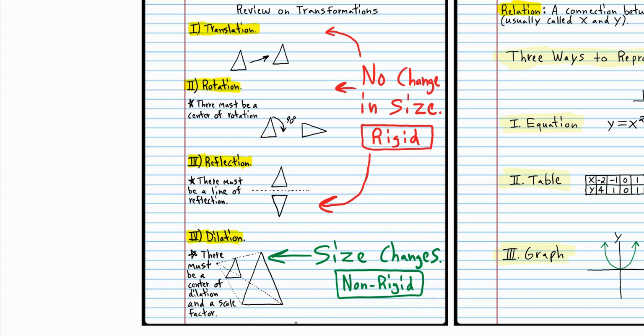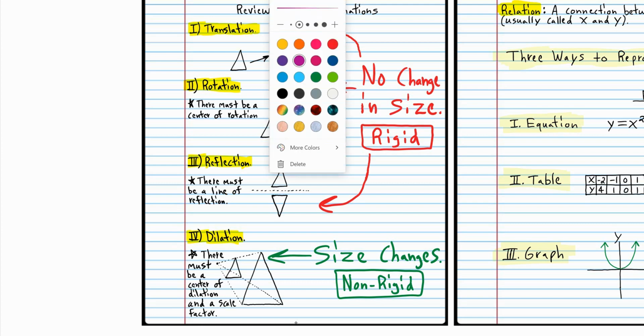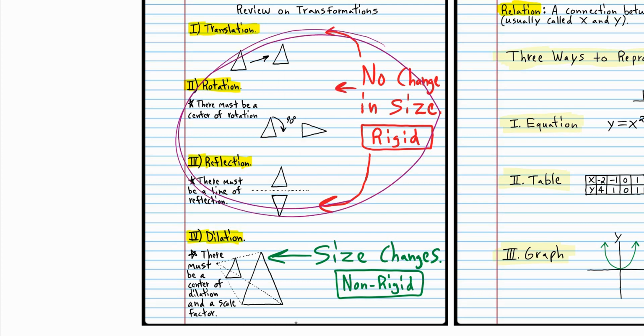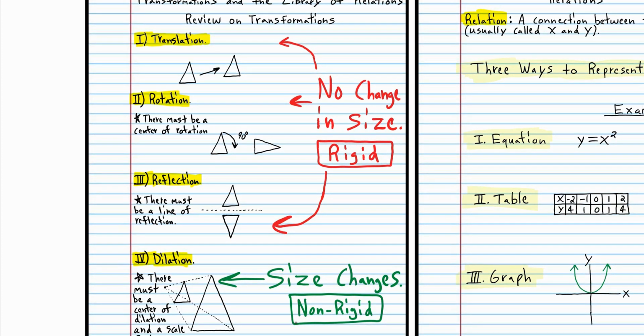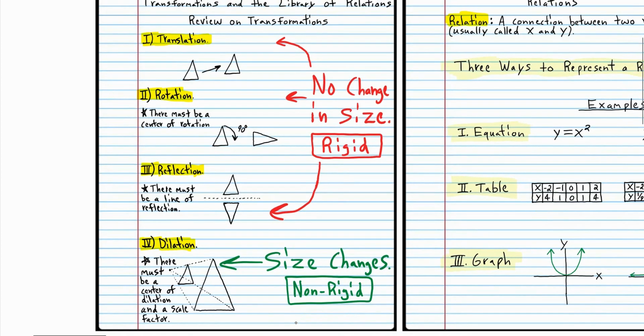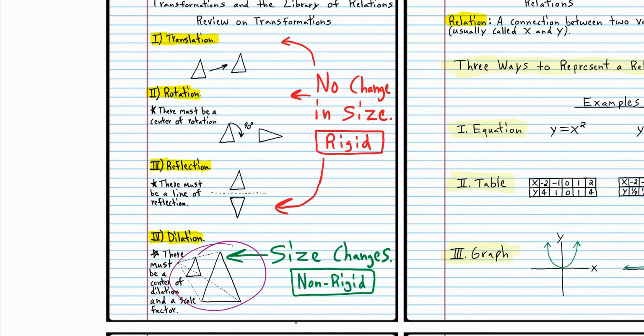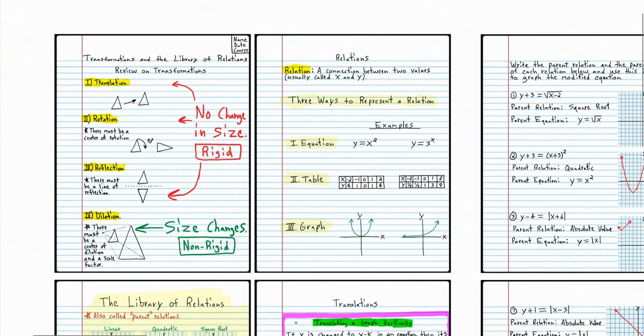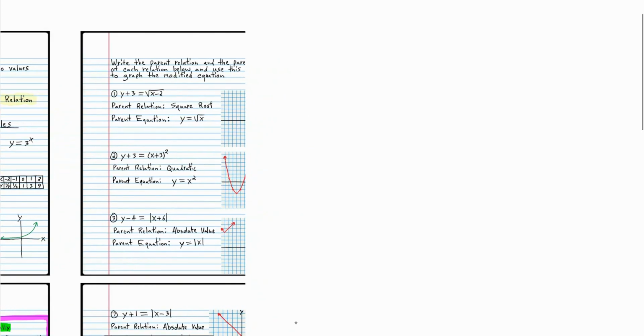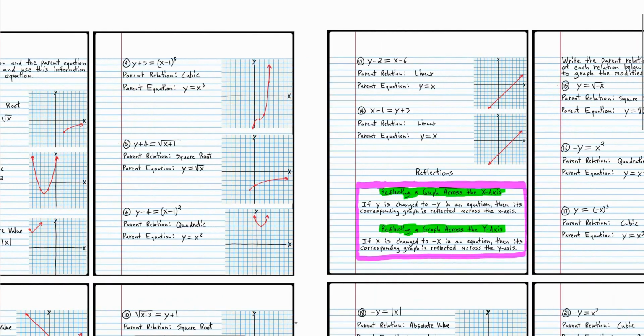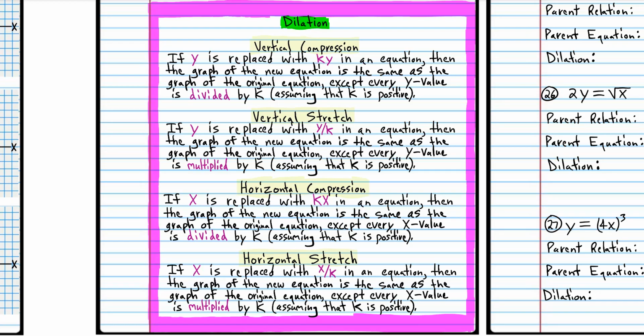The basic form is going to be the same, but you're going to stretch it or compress it, so it's not going to be the exact same shape. With these transformations, the shape doesn't change at all. But with a dilation, the shape might get compressed again or stretched. So that's the most important thing to understand about dilations.